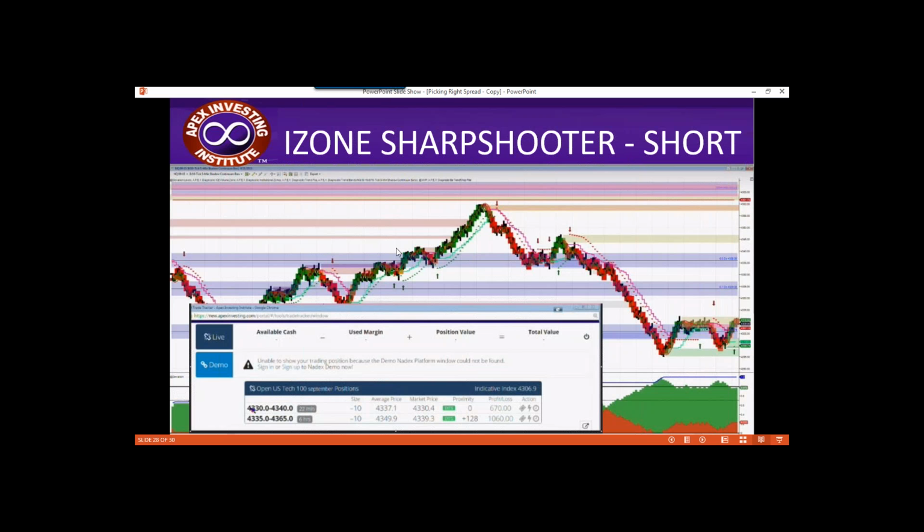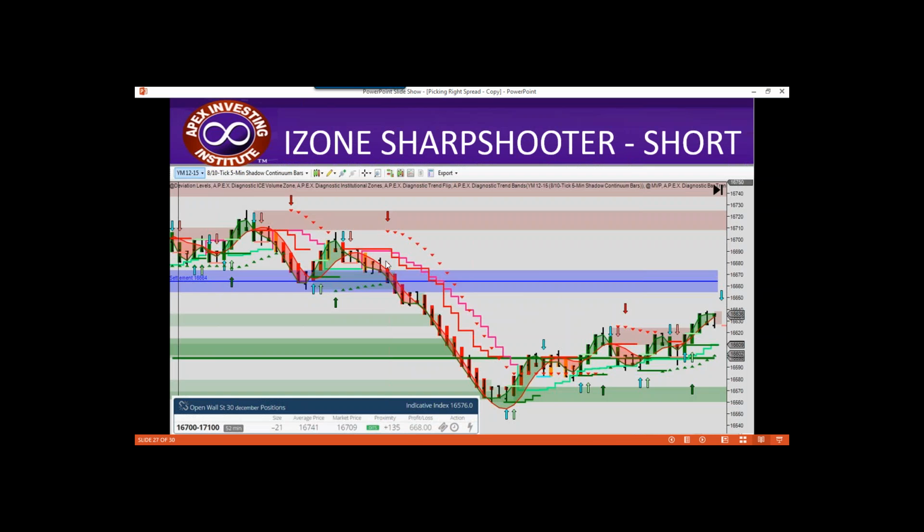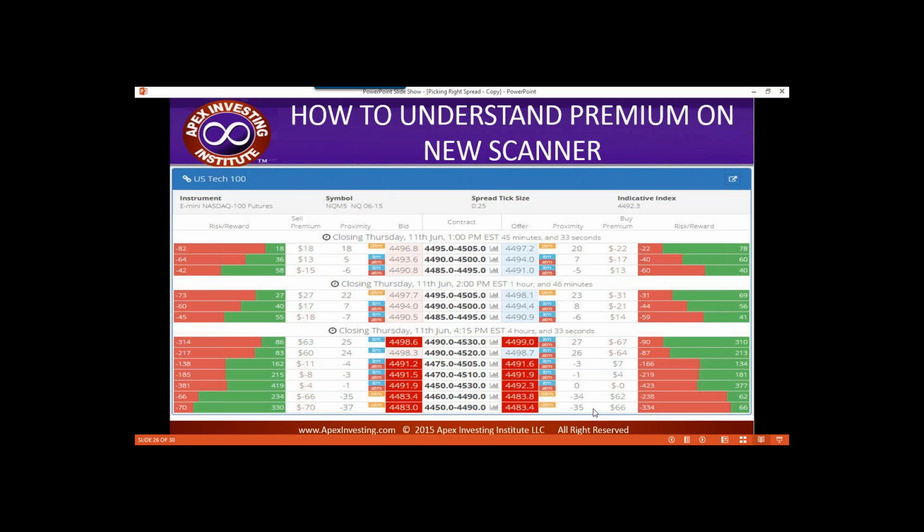Or if I wanted to buy, if I could buy below the market, who doesn't want to do that, right? If you can buy below the market, that's just extra premium you could make. And I can easily see it right here. The market's at 44.92. I can buy into the spread at 44.83.